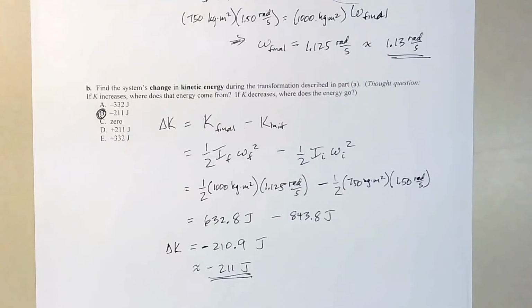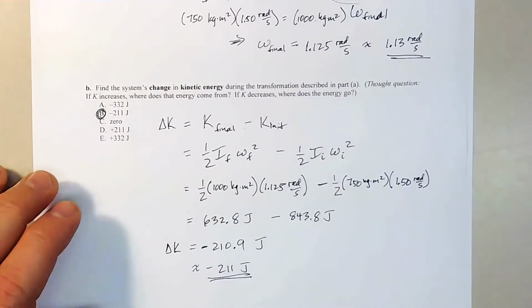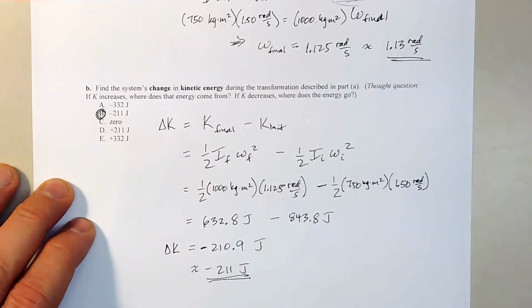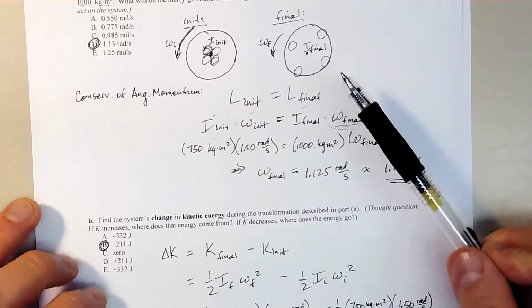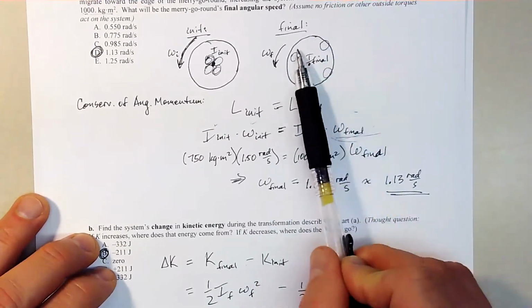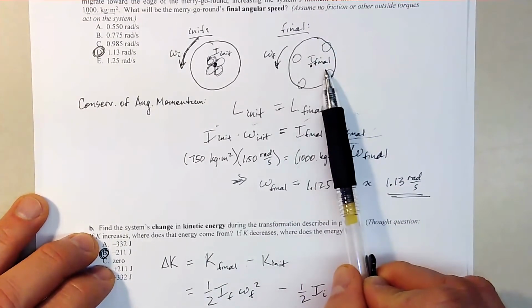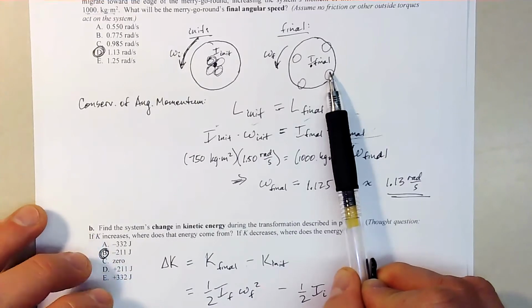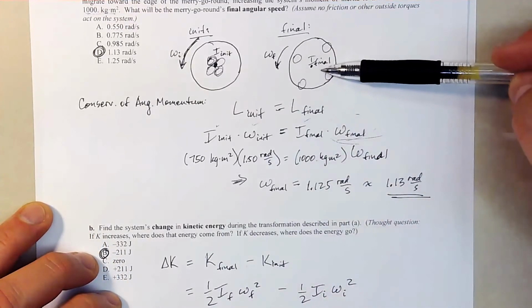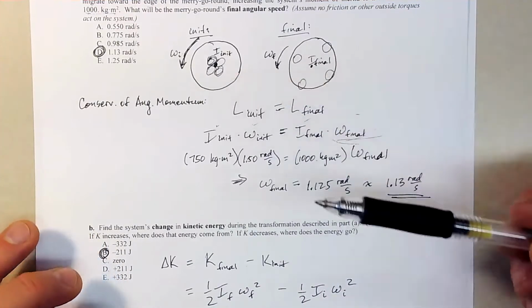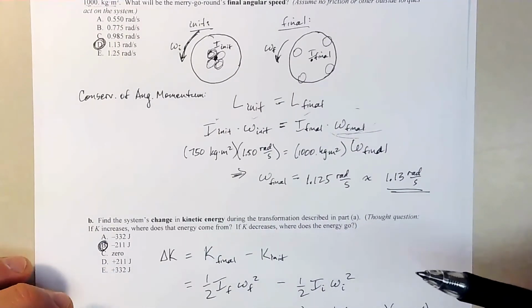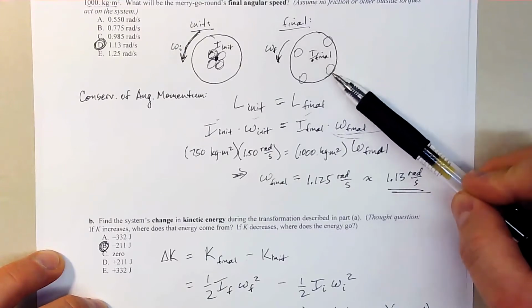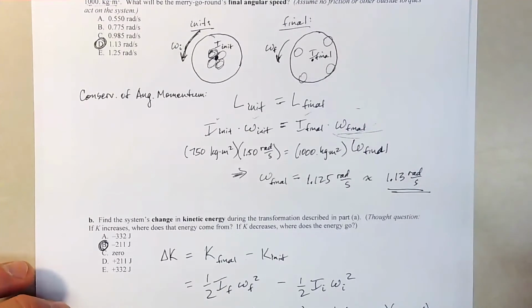The kids overall did negative work on the system, right? And if we think about it, that makes a lot of sense. If we imagine the reverse, if the kids started out around the edge of the merry-go-round and they had to work really hard individually to pull their way to the center, fighting against that apparent centrifugal effect, then they would be exerting a force toward the center through a distance toward the center, and that would be positive work.